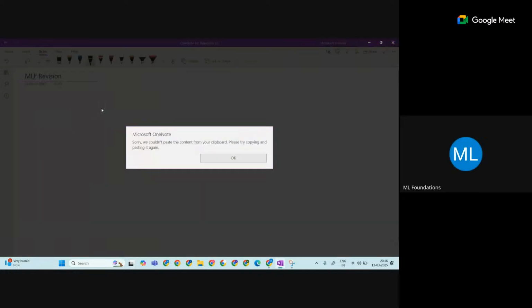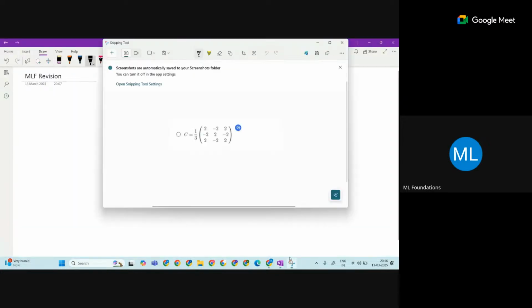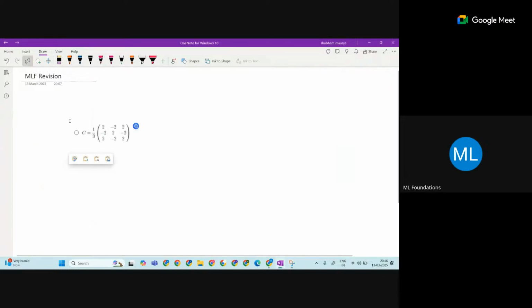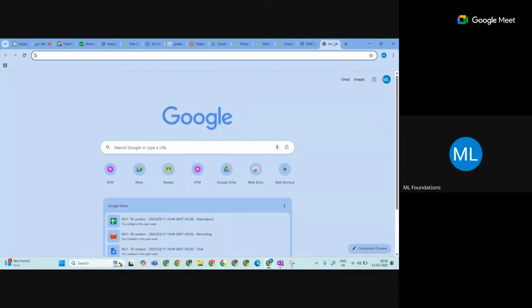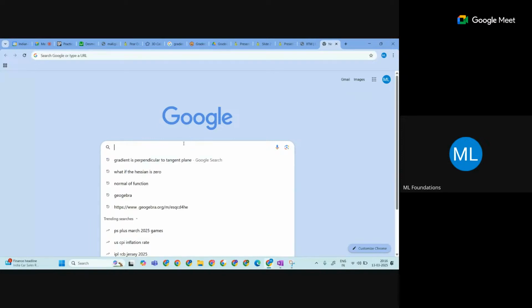This is the covariance matrix. So the eigenvalues of it are going to be 2 and minus 2. Just a second. Let's quickly do it.